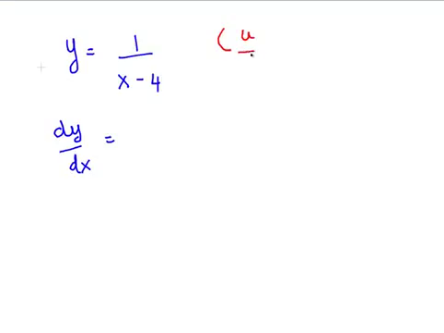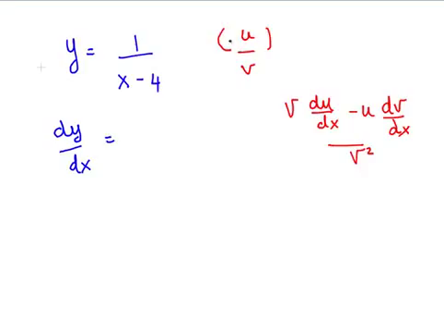It is in the form u over v, and the derivative of that is v du dx minus u dv dx, all over v squared. That's how you find the derivative of a function written as u divided by v. So here, x minus 4 is v.